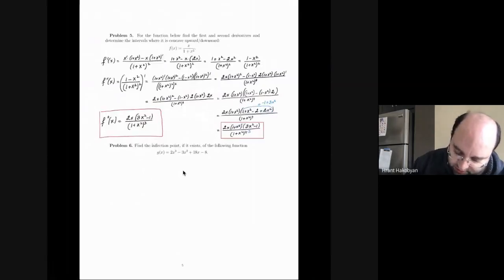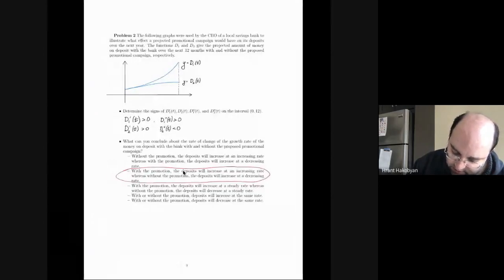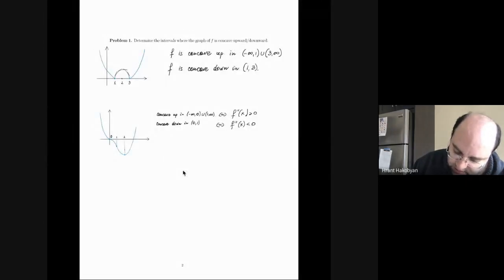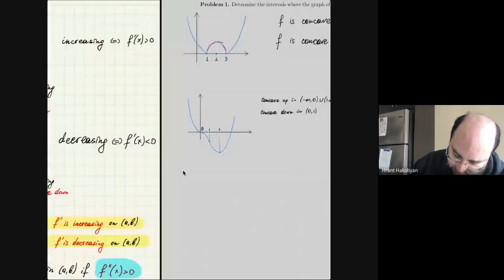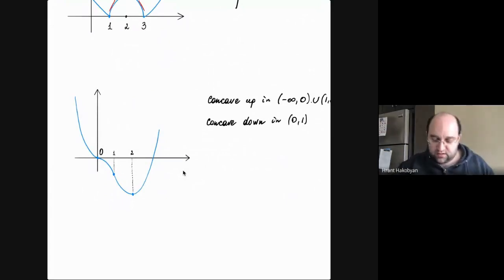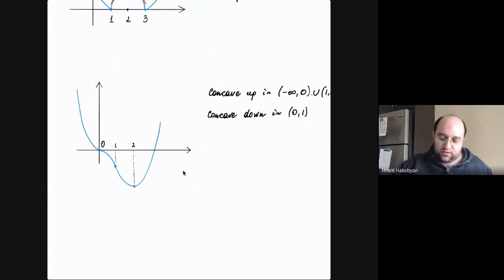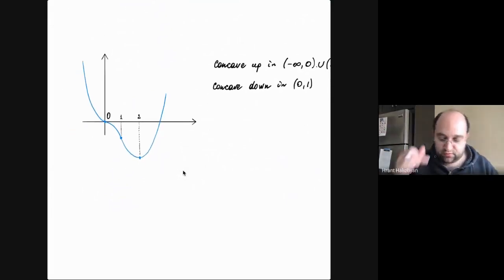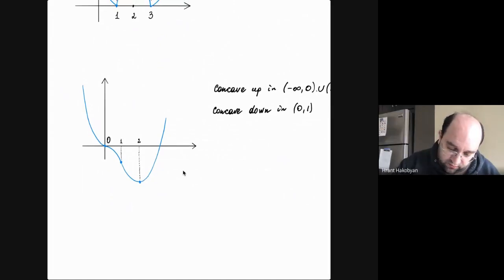So let's actually do these pictures here. Let's look at this function. What we see in this function is we have something happening. The function is concave up, right?